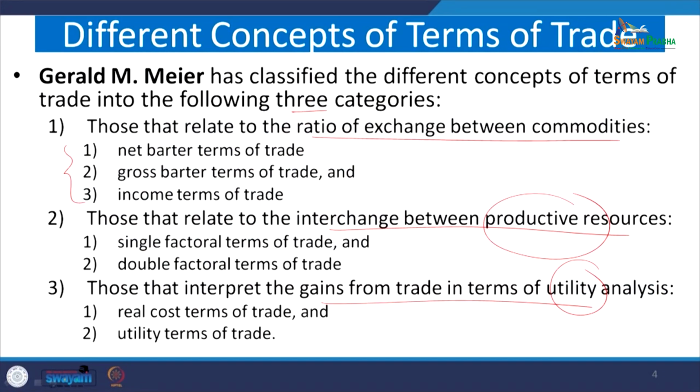The first one is simply the exchange of commodities. The third component is again of two types, real cost terms of trade and utility terms of trade. What is the real cost of exchanging the goods and commodities must be understood in the trade context.